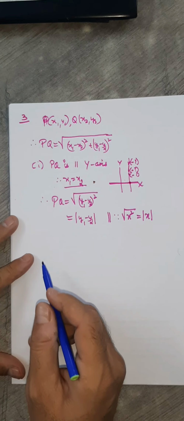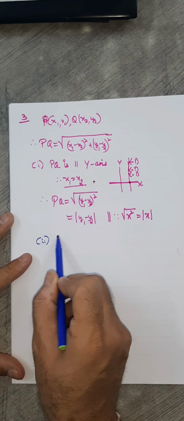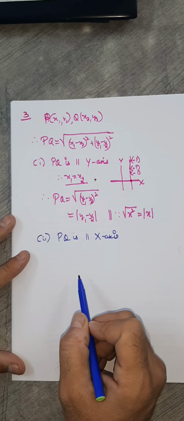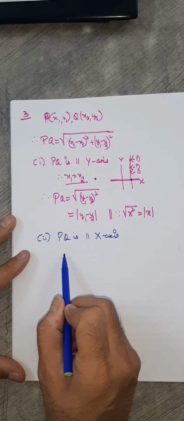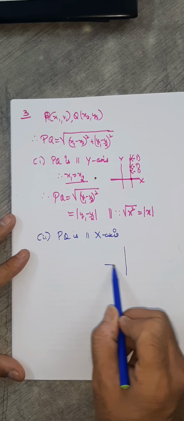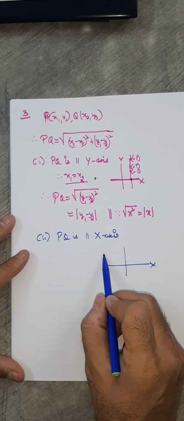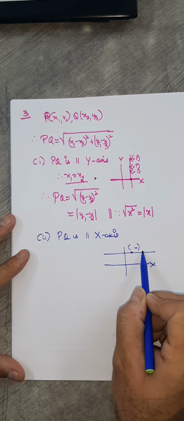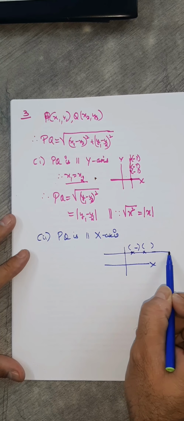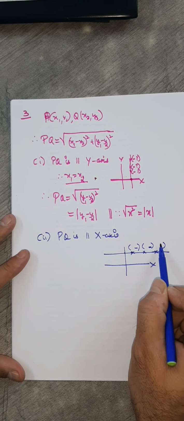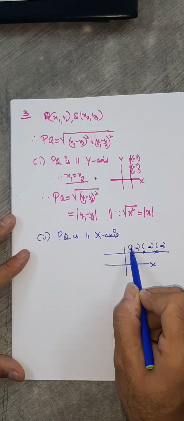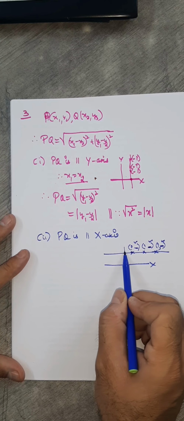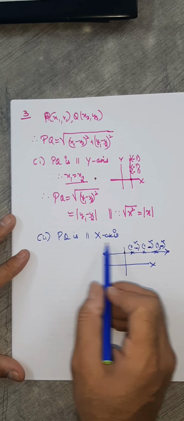Okay. Now what about the second sub question? There PQ is parallel to the x-axis. It means it talks about a horizontal line. So it's like this here. If it is a horizontal line like this, then the y coordinate comes from this. So if I pick any point here, this point or this point or this point, everywhere the y coordinate remains the same. The x coordinate depends upon the point, but y will be equal when it is parallel to the x-axis.